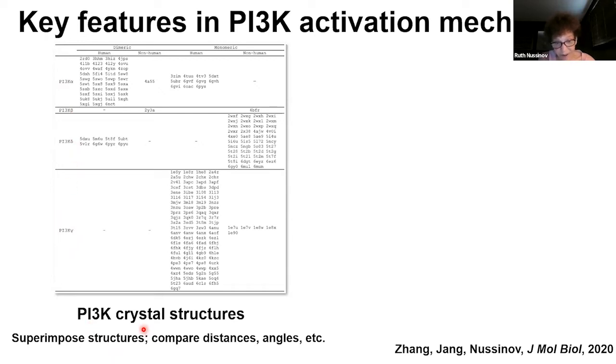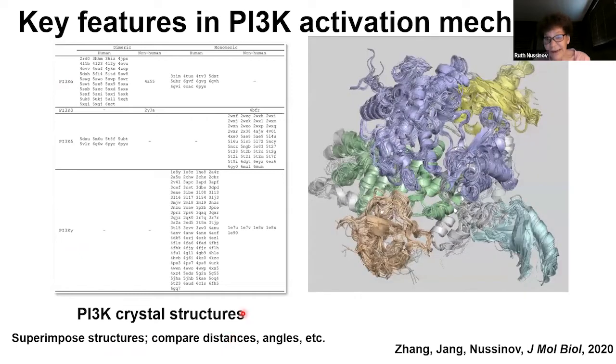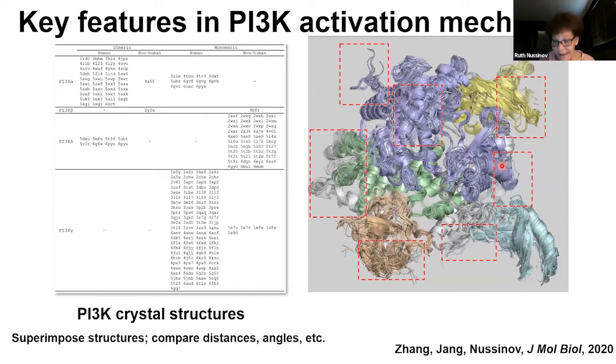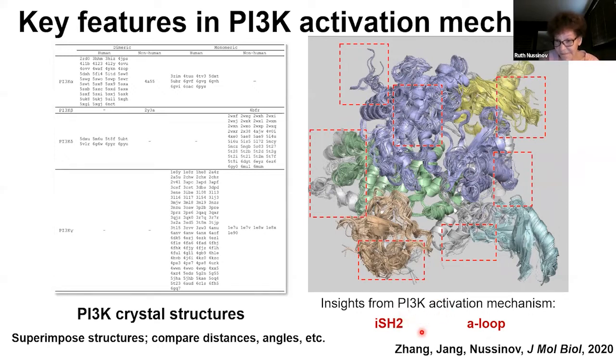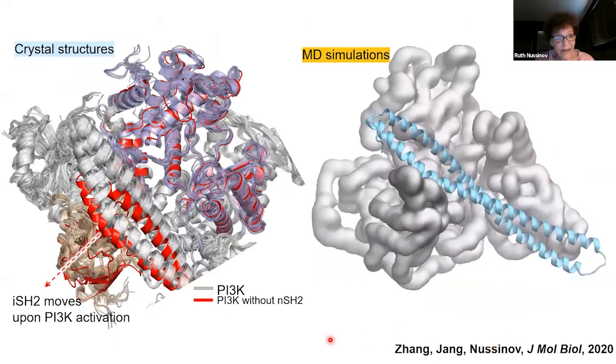We superimpose all the structures, compare the distances, the angles, etc. And we focus on the different important regions. What we are looking for is to obtain insights into the activation mechanism from the ISH2 and the activation loop. So here now is the superpositioning of the crystal structures.